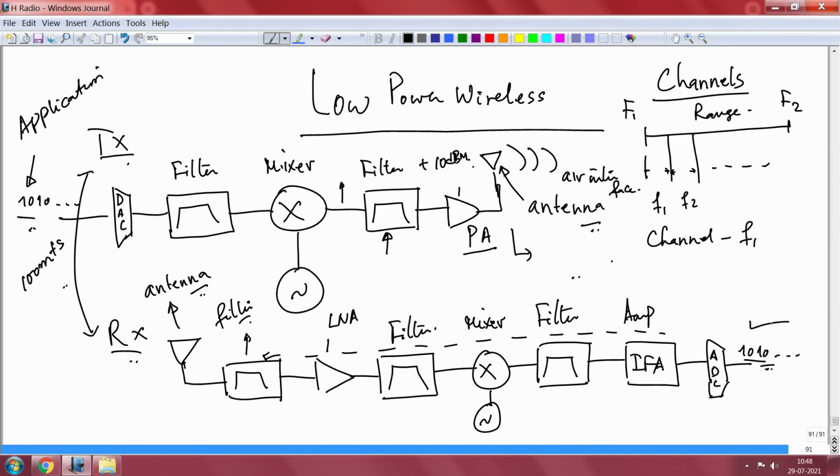Now how do you know at what distance, what should be the value at which you will be able to receive? Is there a number associated with it, and how do you qualify this number? All these things you should know, folks, only then you can actually design your radio for any particular application. Now what is that term is the question, right.